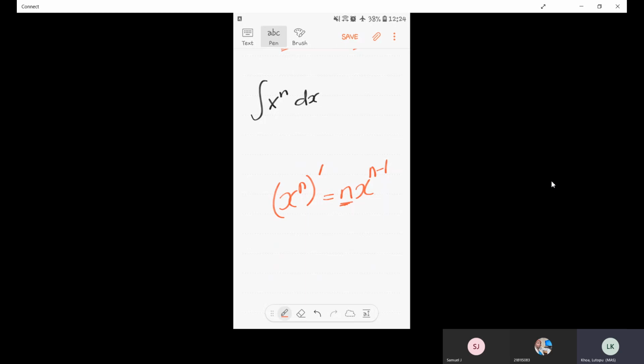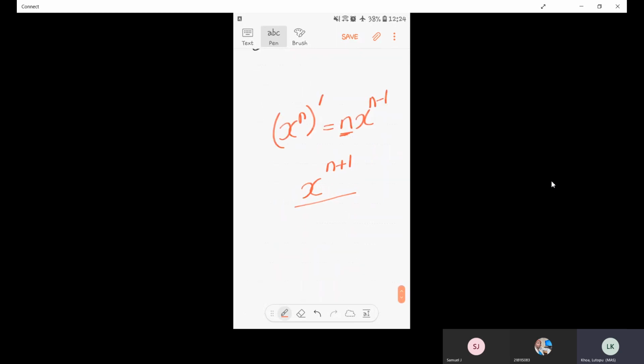So I multiply by the n and then decrease by 1. The opposite of that means I must now add 1, and then I must now divide by this. That is the opposite of multiplying by n and then subtracting 1 at the top, sorry.